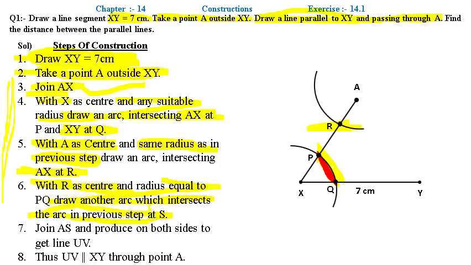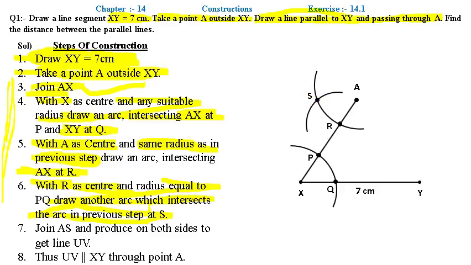Let's see how that arc can be drawn. I have taken R as my center and radius equal to PQ, and then I have drawn an arc, and this arc has intersected at point S. This is point S. It is intersected over here.